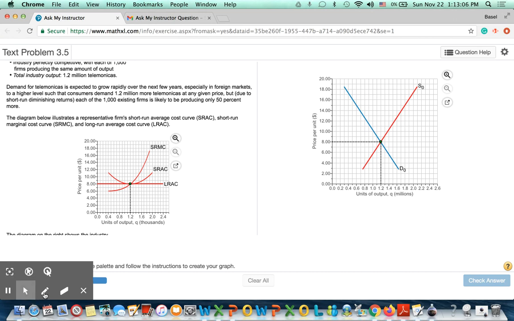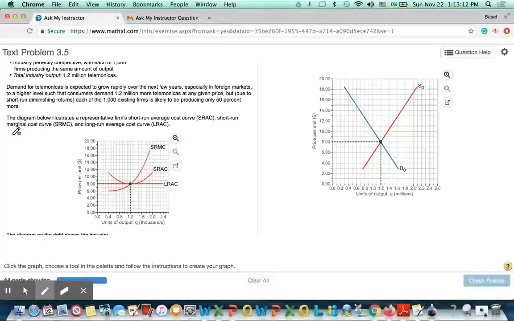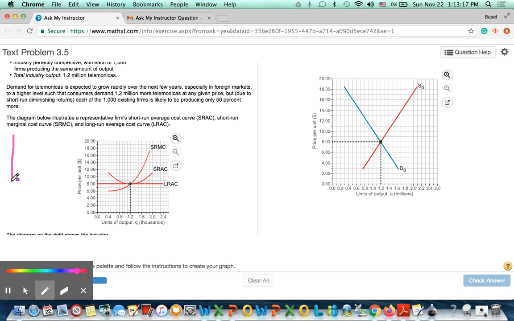So remember, in class under perfect competition, we said that firms are price takers, and therefore they take prices as given and they determine the profit maximizing quantity.